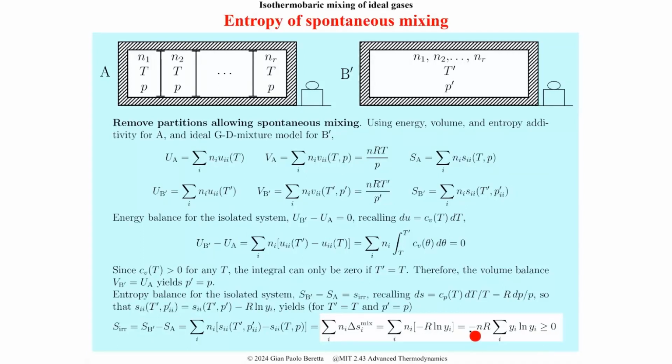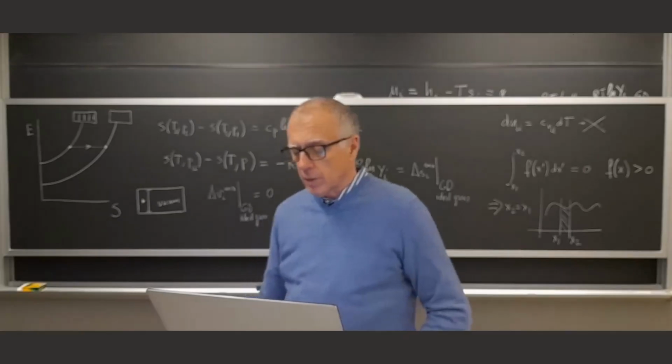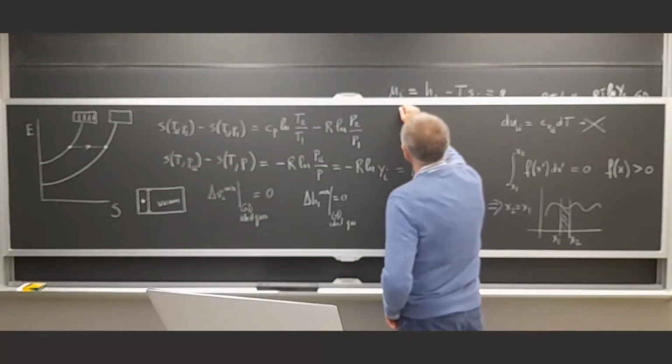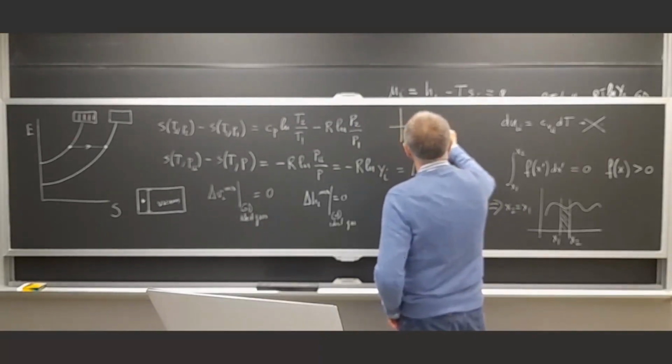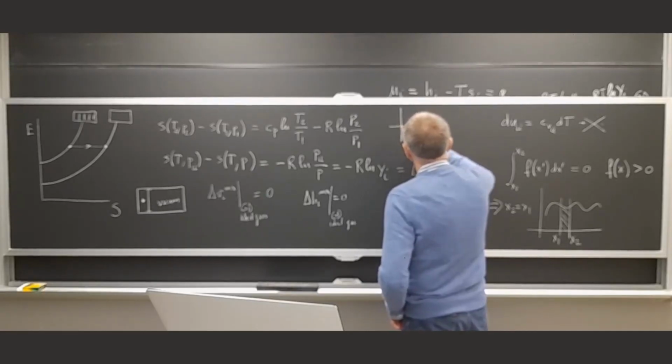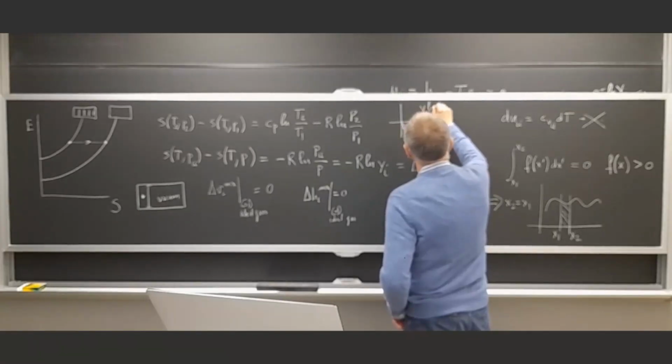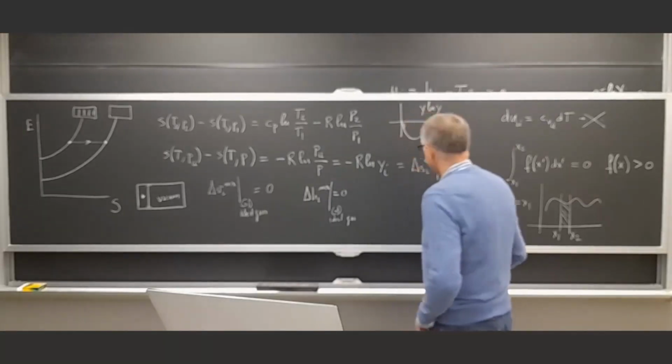Now, at first sight, one would be worried about the minus sign, because we know that the entropy produced by irreversibility cannot be negative, must be positive. But if you look at this function y log y, the function in the interval between 0 and 1, the function y log y does something like that, versus y.